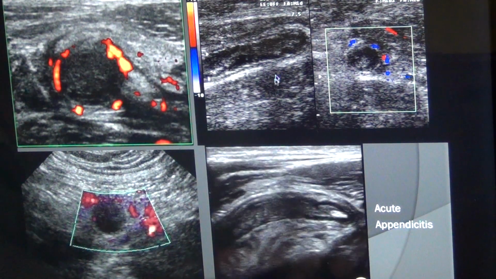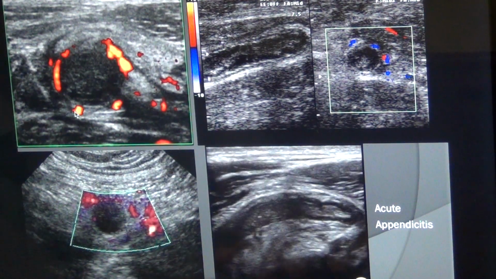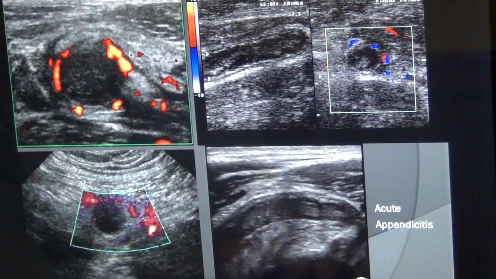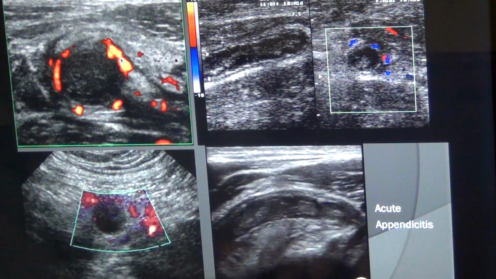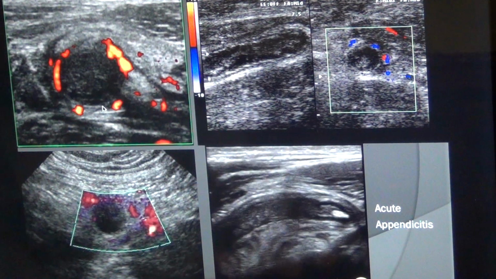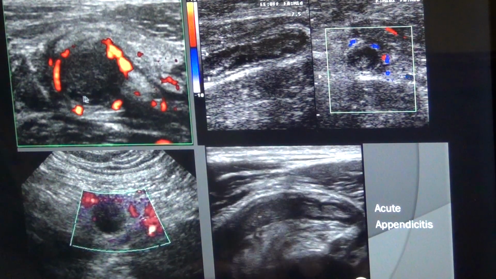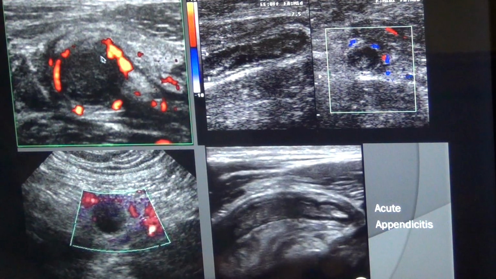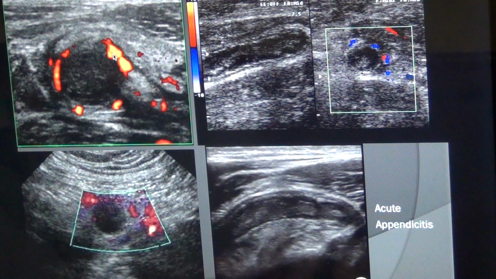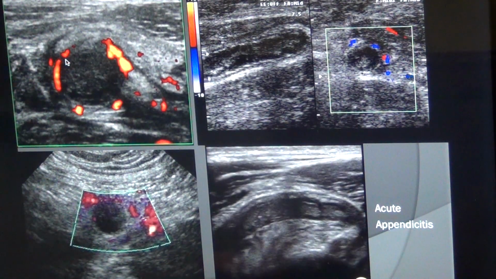And in transverse view, you will see a ring of fire around it when you click the color. And the thickness of the wall is greater than 3 millimeter, and a lot of fluid collection, debris inside the appendix, and it looks like a target sign.